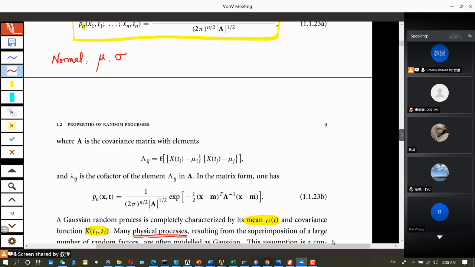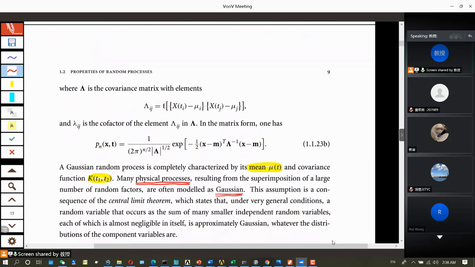Okay, now let's answer this question. Many physical processes resulting from the superimposition of a large number of random factors are often modeled as Gaussian.